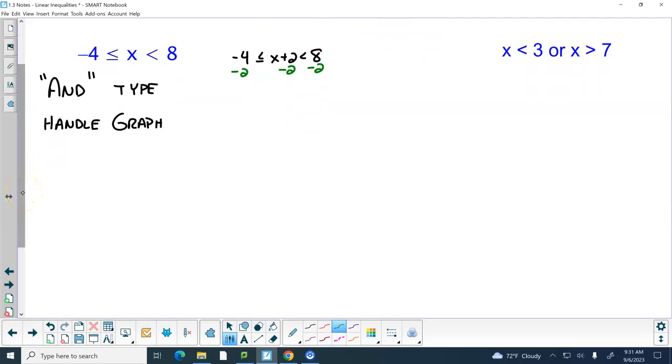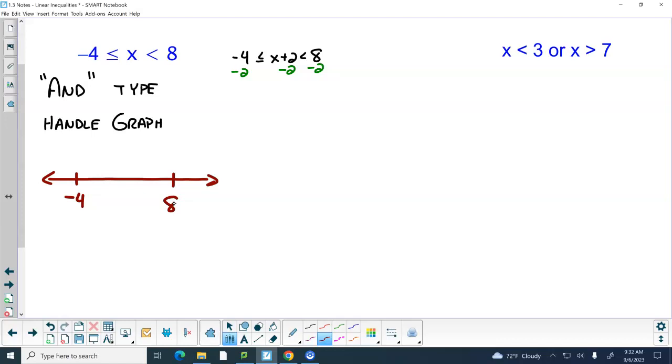When we go to the graph, now you've got to put two numbers on here. We need both -4 and +8 on there. At -4, is it an open or closed dot?